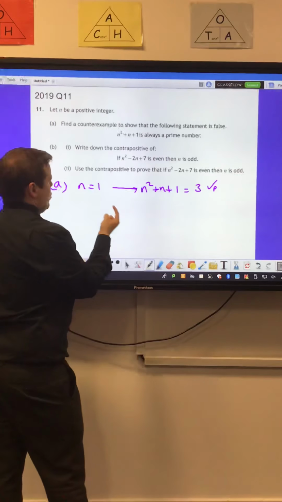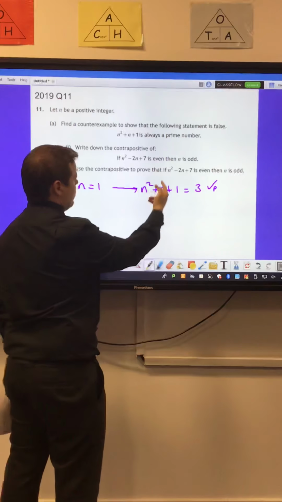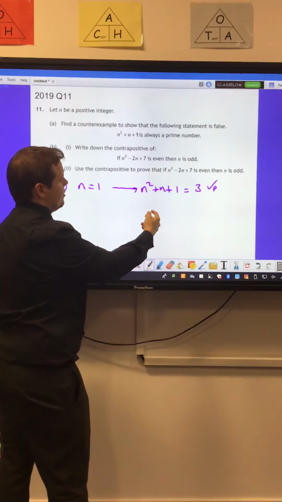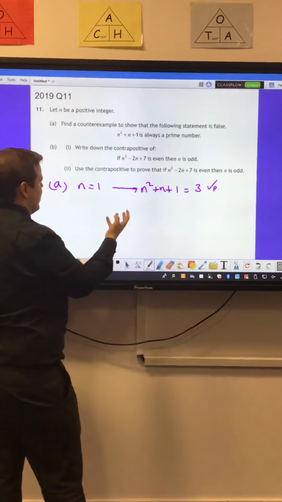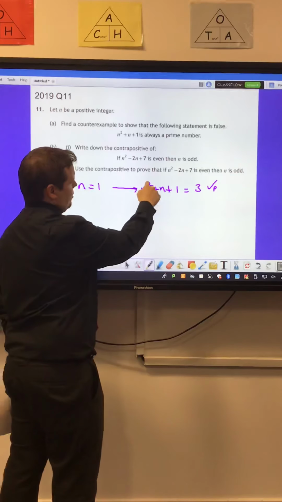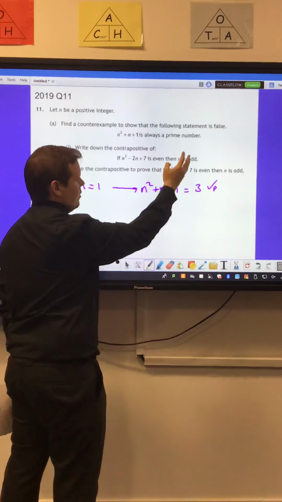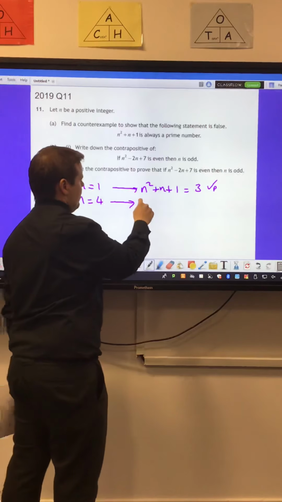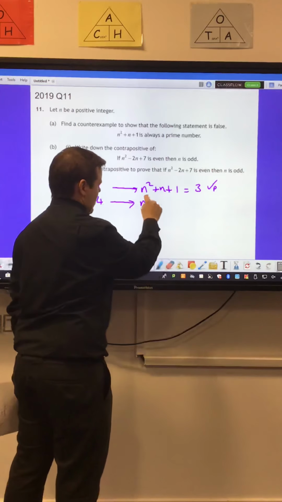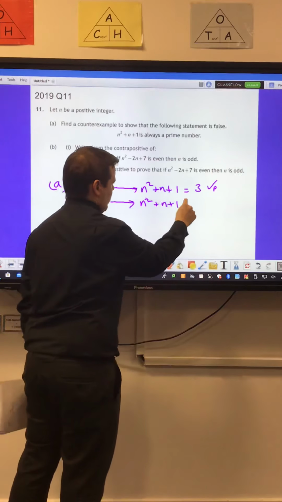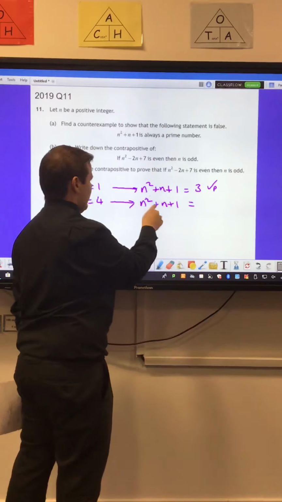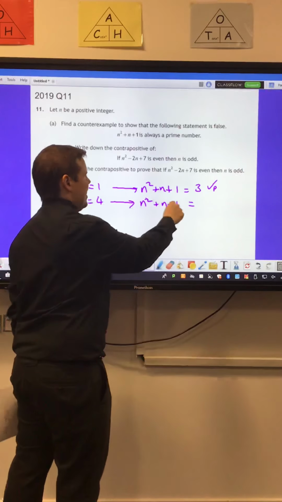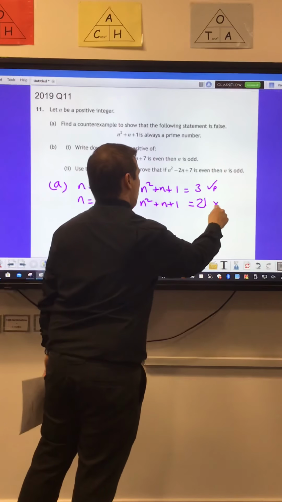Okay, if I put 2 in there, I'm going to get 2 squared plus 2, which is 6. Add 1 is 7, prime. 3 squared is 9, plus 3 is 12, plus 1 is 13, that works. It comes out that n equals 4 is going to give you n squared plus n plus 1. 4 squared is 16, add 4 is 20, add 1 is 21. That is not prime.